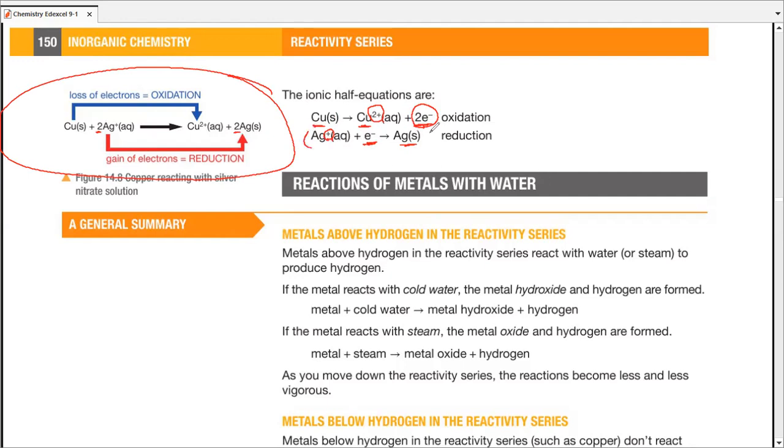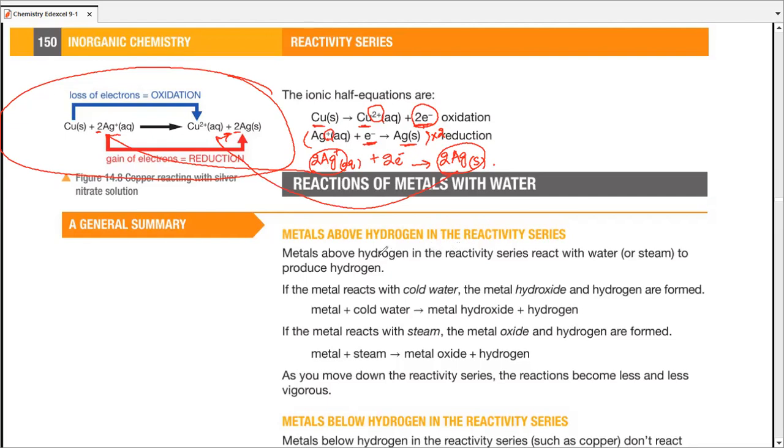So we multiply this whole equation by 2, which means we have 2 silver ions in aqueous solution, gaining 2 electrons and being converted into 2 silver atoms in solid form, which represents why we have written 2 over here and why we have written 2 over here.